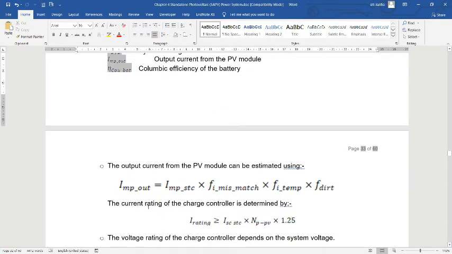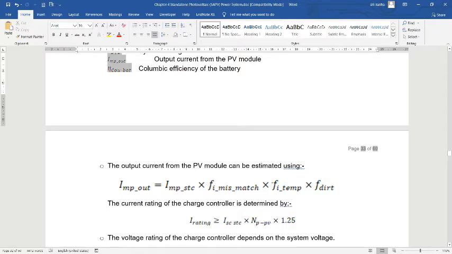The output current from the PV module can be estimated using IMP out equals IMP STC multiplied by the mismatch factor of the current, K mismatch, and the temperature factor of the current, sometimes written as K or S, the same thing.